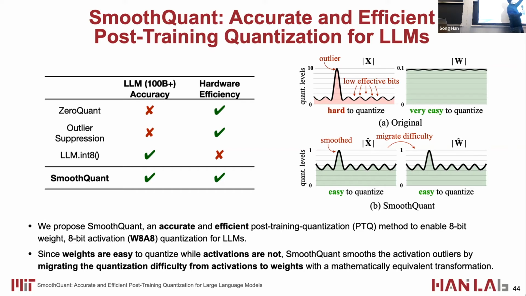Originally, activations are hard to quantize and weights are super easy to quantize. Now both of them are relatively easy to quantize. So we push the quantization difficulty from activation to weight. Just like if you find something difficult, just give the difficulty to someone else. It turned out that both weights and activations after that can be quantized to 8 bits without any loss of accuracy.